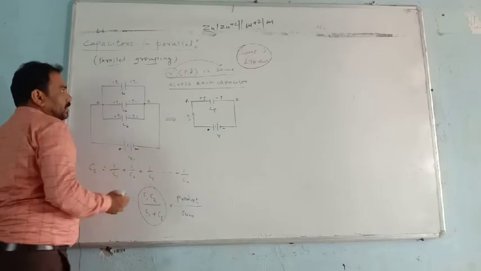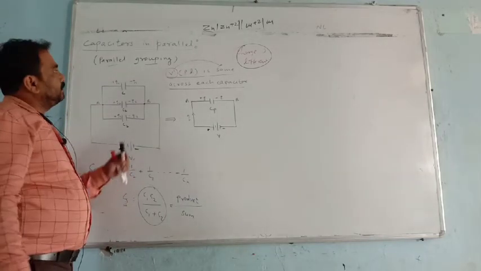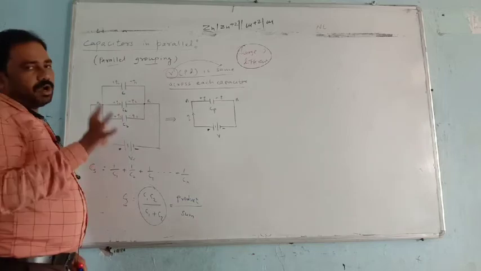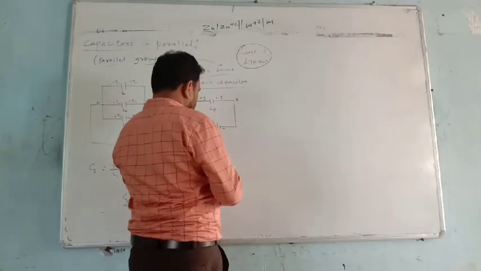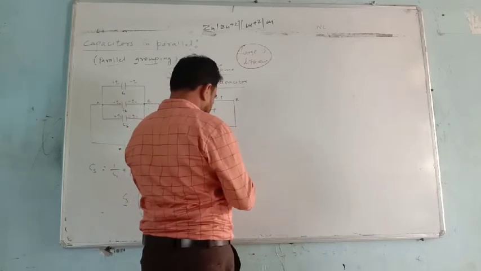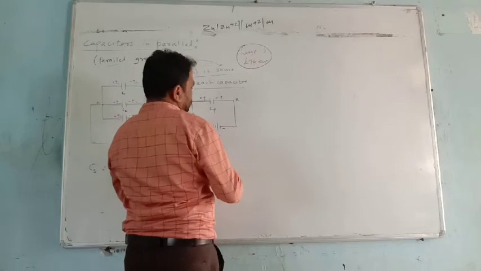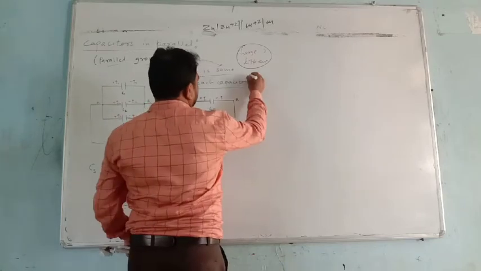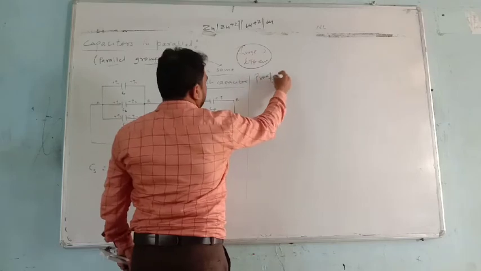Okay, so see here. To calculate the total charge, let us discuss the proof of capacitors in parallel. So we can write here, proof.